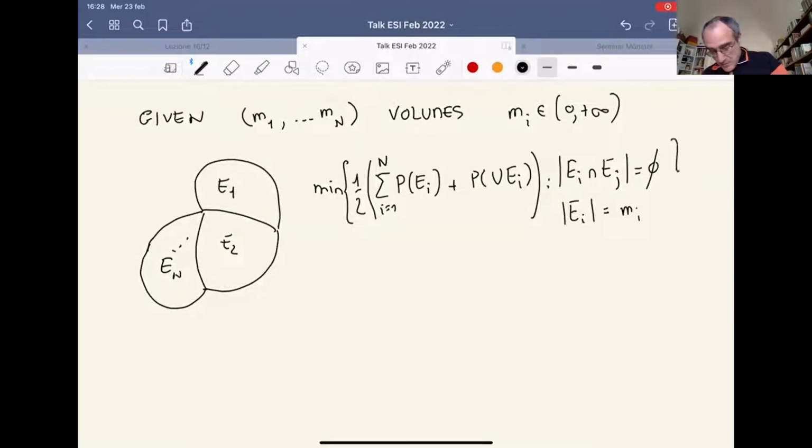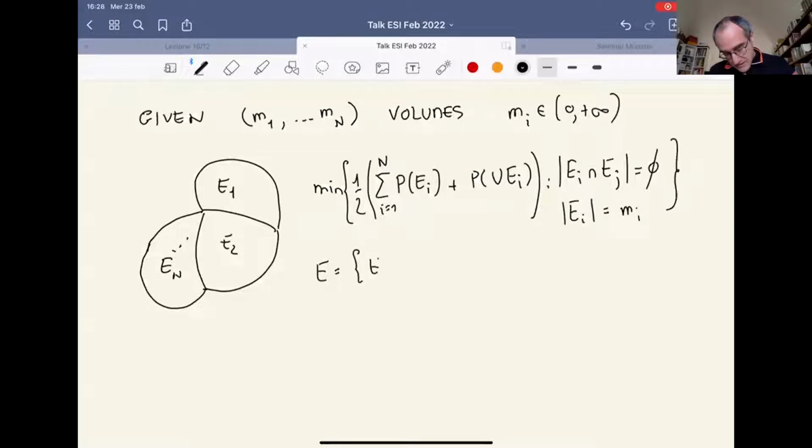So basically, you want to find a set of n disjoint chambers such that the sum of all the interfacial energies is minimized. The union is needed because otherwise you would not count every interface exactly once.